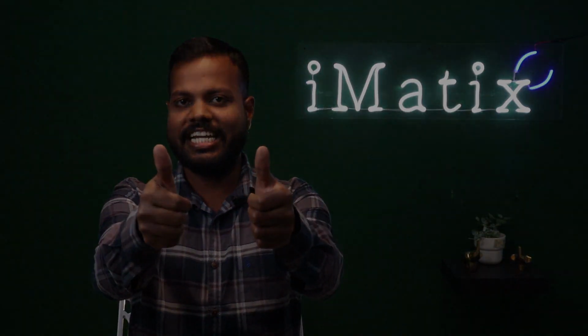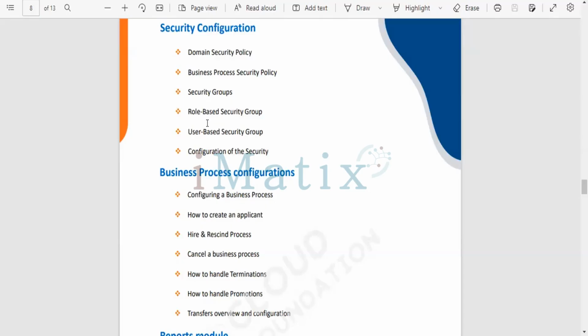So let's get started. Yes, we have the balance of how to create a user-based security group and how to create configuration and security activities. We are witnessing and doing this activity. We need to go to the software, guys.